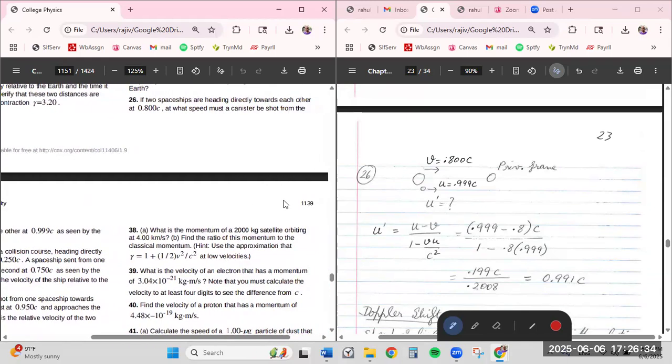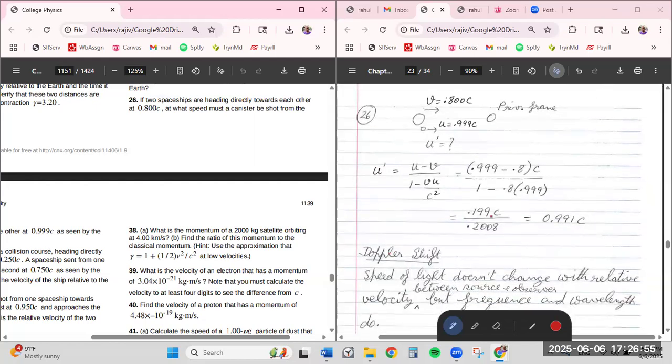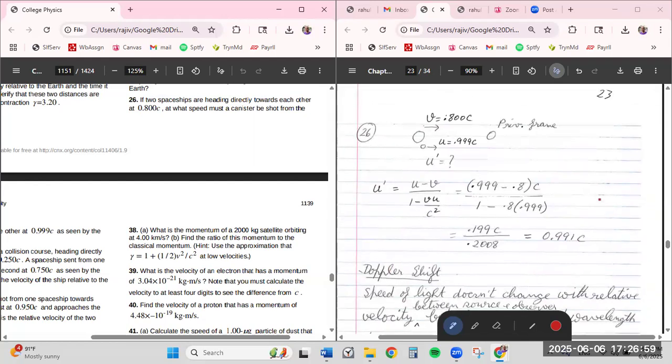In other words, we are looking for the velocity of the canister as measured from the first frame of reference, the non-privileged frame. So u prime is what we are looking for. After that, you just plug in the numbers, and the answer comes to 0.991 c.